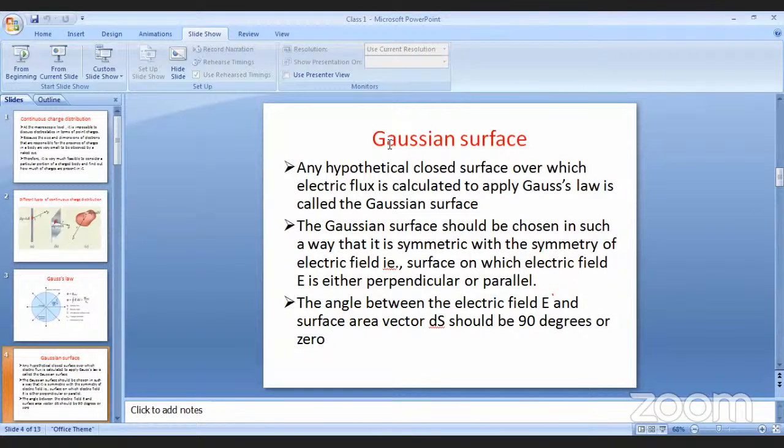The angle between the electric field and the surface area vector should be 90 degrees or 0. Then only you can use the Gauss law. This is what Gaussian surface is all about.